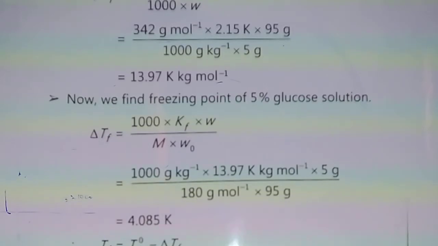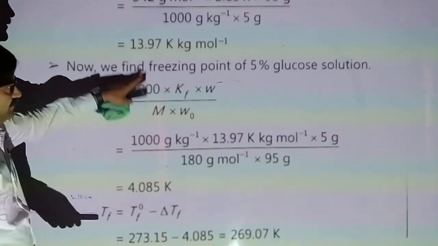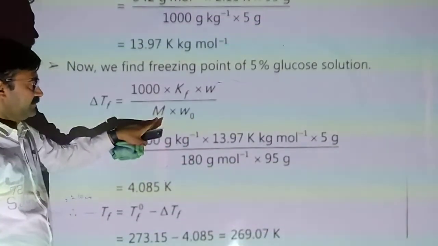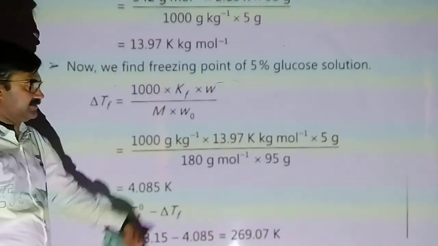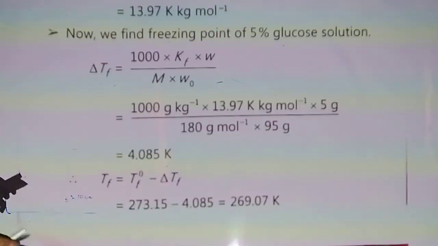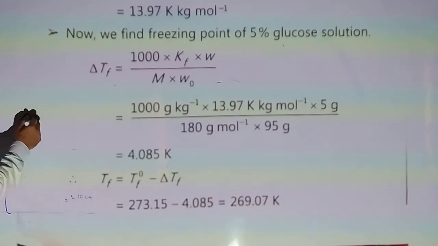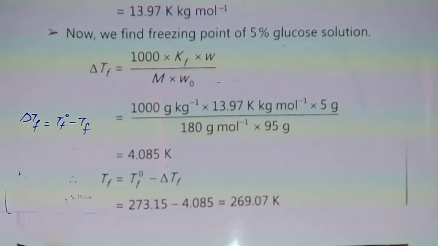Now we find the freezing point of the 5% glucose solution. Delta TF is 1000 into Kf into W2 upon M2 into W1. So Kf 13.97, mass of solute 5 gram, molecular mass of solute 180, mass of solvent 95, gives 4.085. So delta TF is equal to T degree F minus TF.